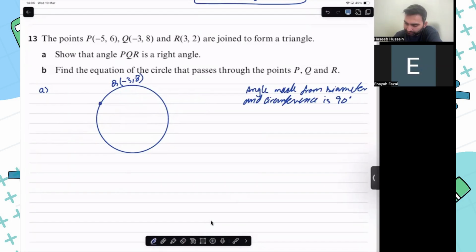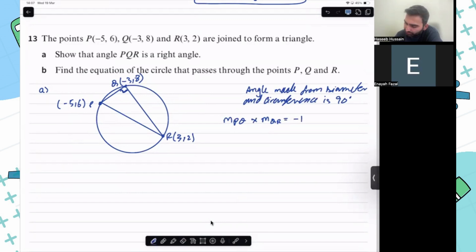(-5, 6), Q. This is your R, which is (3, 2). This is supposed to be 90 degrees, right? So the gradient of PQ times the gradient of QR should be -1.